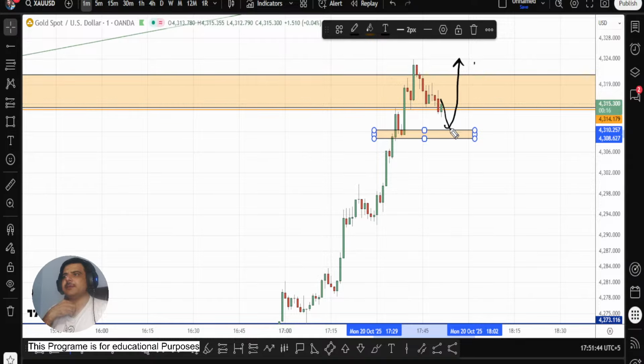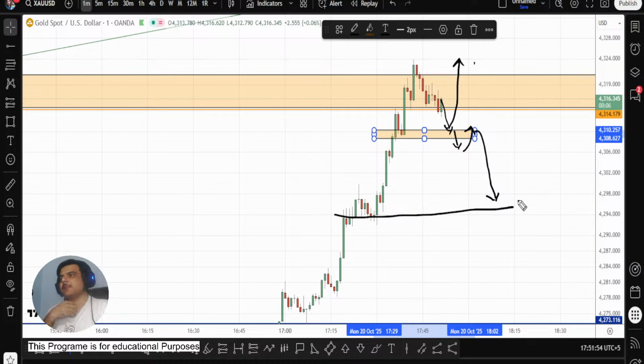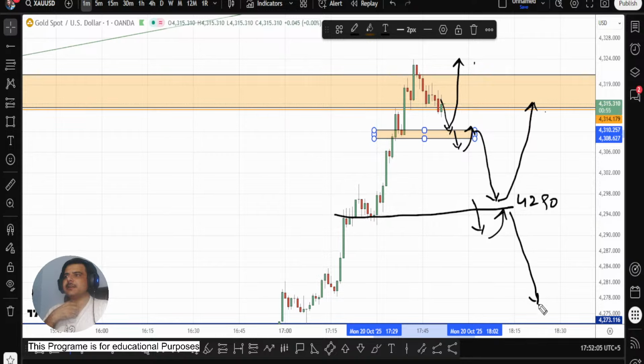But if it comes here and it gives us a breakout, a retest, then the chances are that it can continue back down to this support of 4290. Then similarly it can come back up from there, or it can give us a further break below and the market goes back to 4273.